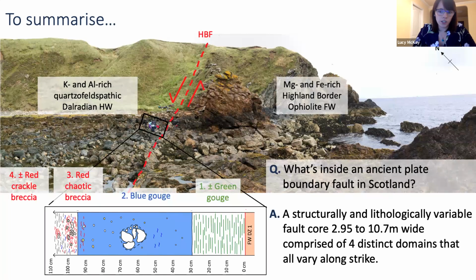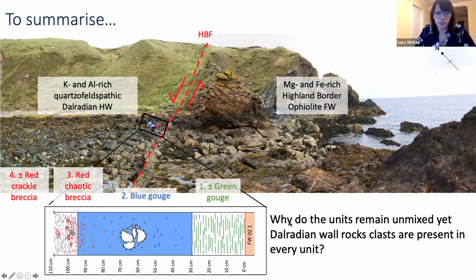The green gouge and blue gouge are derived from the Highland Boundary wall rocks, whereas the red foliated chaotic breccia is derived from the Dalradian wall rocks. But the question remains, what was so striking was why these units remained unmixed. Why were they so distinct? Yet Dalradian clasts were found in every unit, implying some degree of mixing.